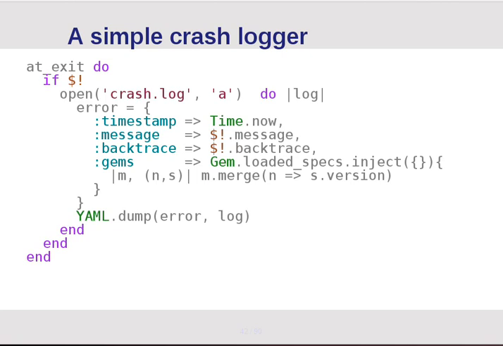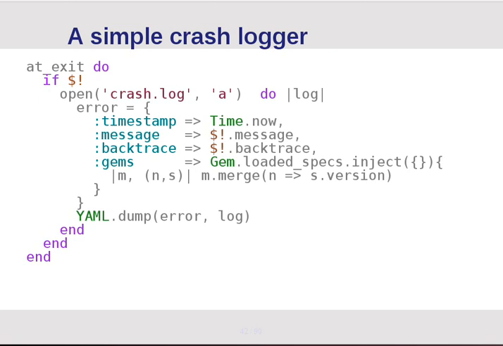This is useful because it means if we have a program where for some reason it's impractical or impossible to put a begin, rescue, end block around the entire program, we can still define a crash logger that will catch unhandled exceptions and log some information about them, even though we weren't able to contain that whole program in a rescue.